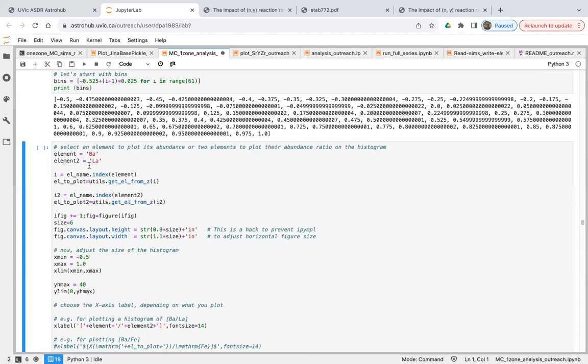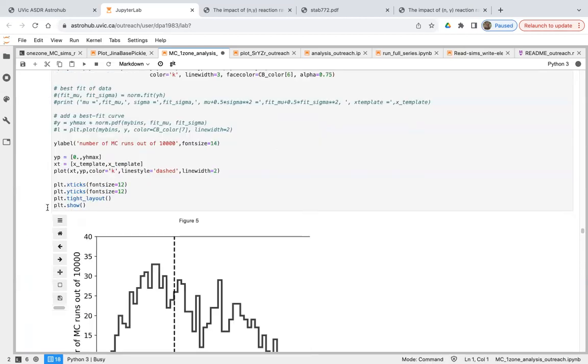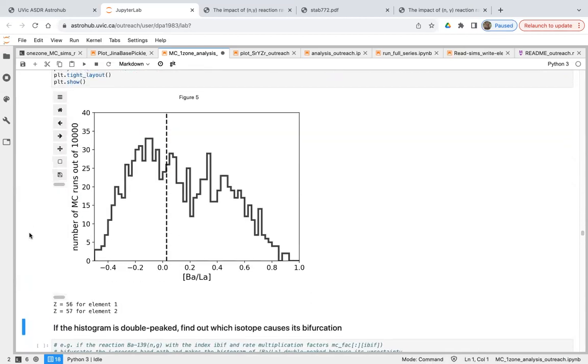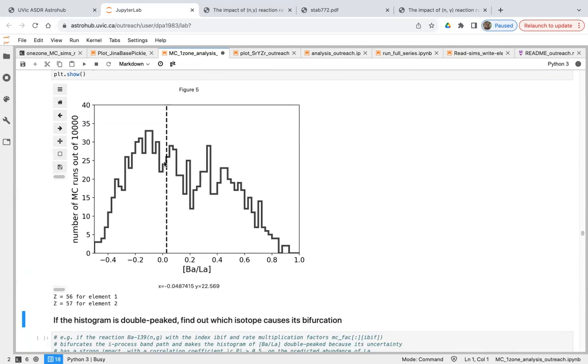So now I'm going to make a plot of the ratio of the elemental abundance of barium to lanthanum, a histogram. As you can see, this is a histogram of the predicted abundance of barium to lanthanum ratio.